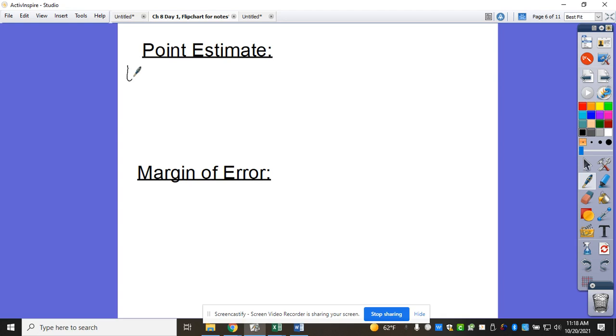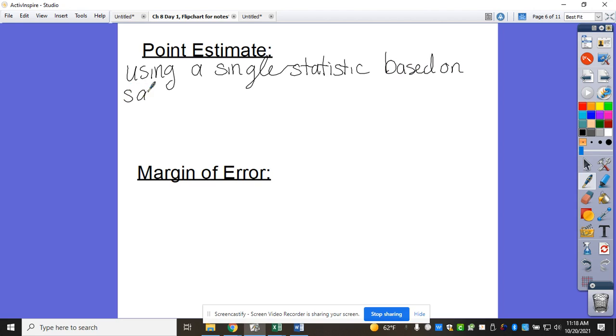So we are using a single statistic based on sample data to estimate a population parameter. And really, I shouldn't need to write the word population parameter because parameter is only about population.